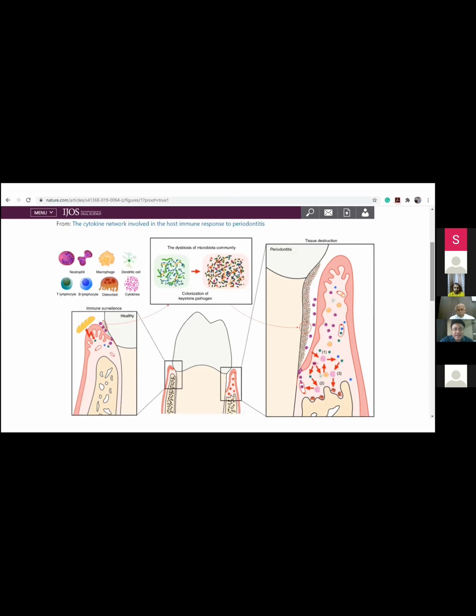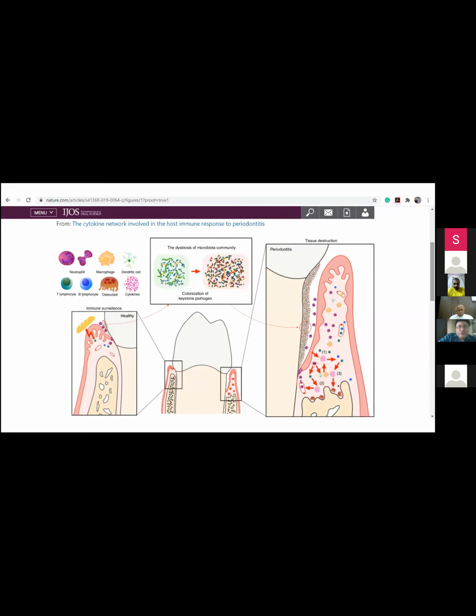At the same time, this whole dysbiosis, and thanks to this keystone pathogen, the immune surveillance system is shut down. There is nobody to take care of, to look over this. That's why there is dysbiosis and there is entry of the microorganisms into the tissue space. And here you can see there is destruction of bone thanks to the action of osteoclasts. Fine.